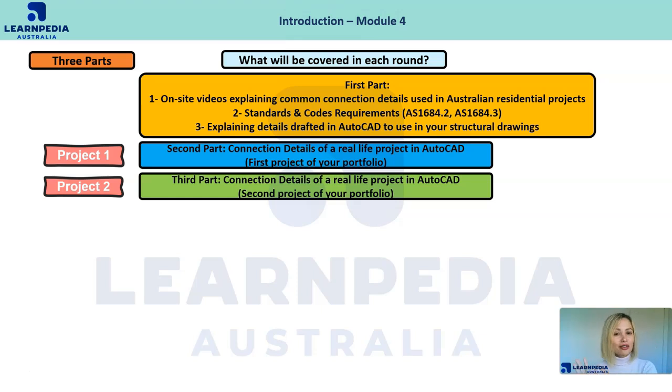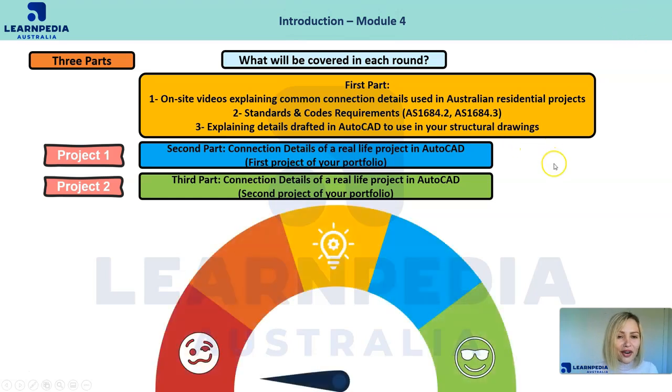Okay, so project 1 is the second part, and in the third part I will do the connection details in AutoCAD for project 2. Now again, 3 times I'm going to run you through the connection details. Of course, there won't be any confusion left.